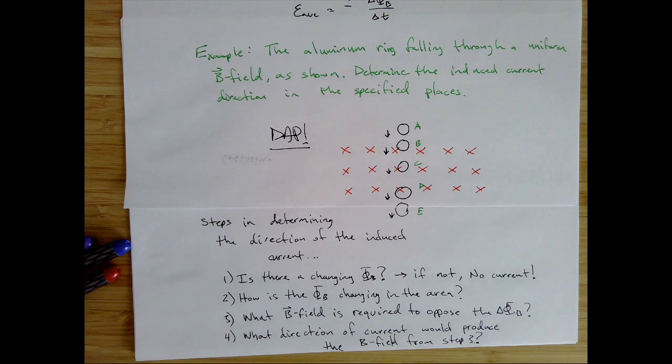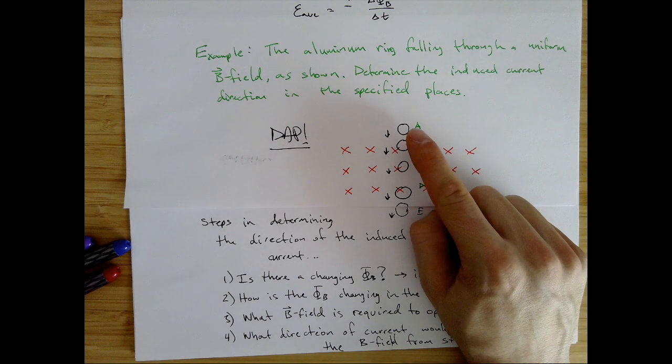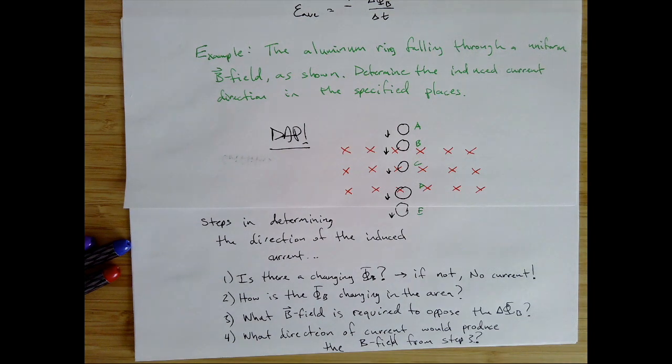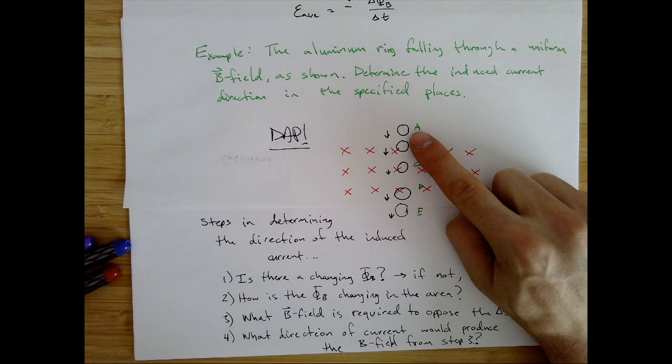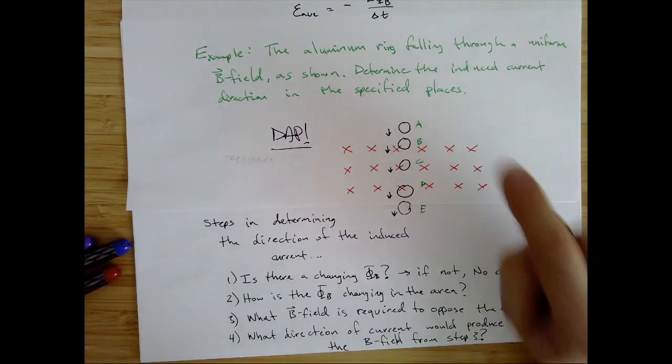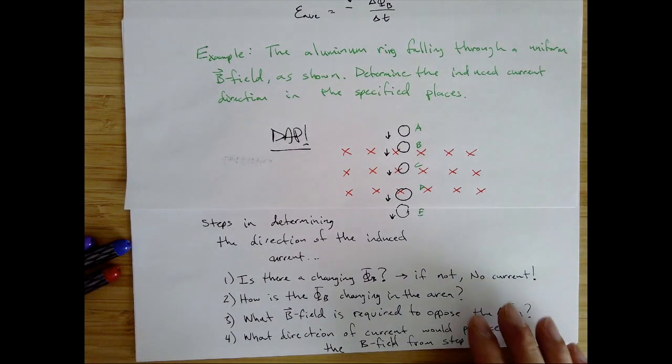So if we look at the first ring as it falls, it's not inside the B field at all. And so what would A's delta phi be? Well, of course, if there's no B field in there at all, it would have no changing magnetic flux, and so there would be no induced voltage across this loop, so there would be no induced current. So A has none.